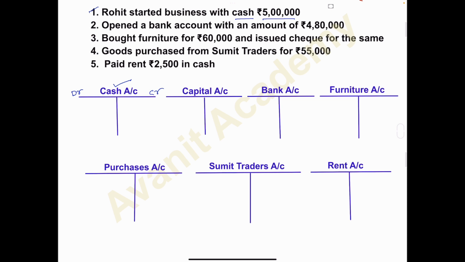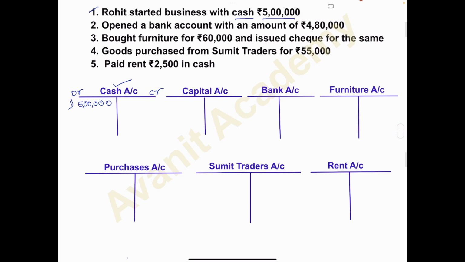Got it, all of you? So in the first transaction, cash comes into the business. The cash balance will increase. Increase in assets is to be debited. So on the debit side, we'll write 5 lakh.